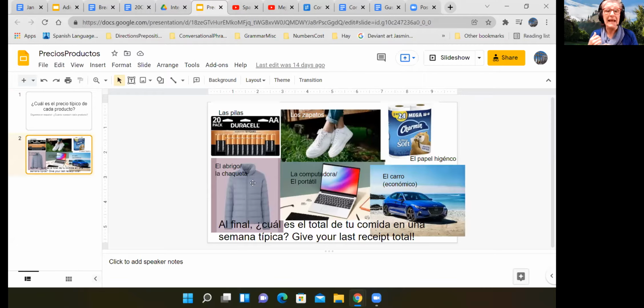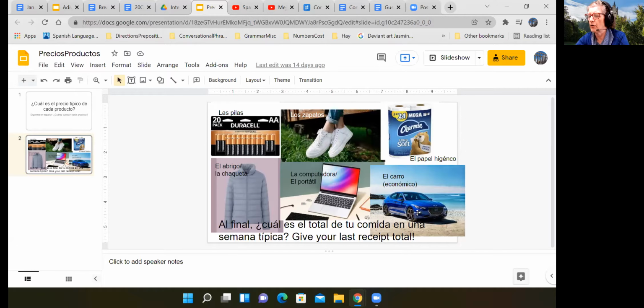So las pilas, batteries, los zapatos atléticos, sí, zapatos atléticos. El papel higiénico, toilet paper, el papel higiénico, hygienic paper, what a nice term. El carro económico, a cheaper car, not a super expensive car.